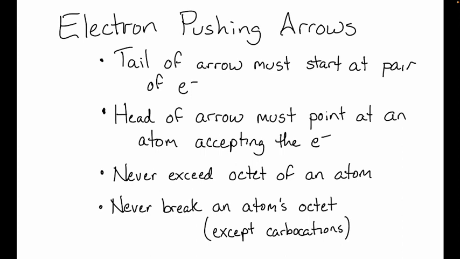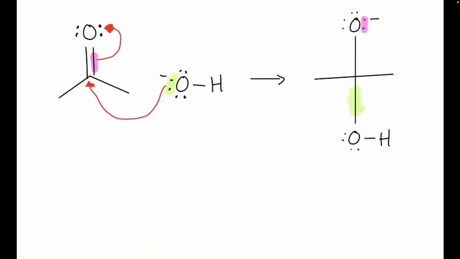Okay? The other thing that I want to note here is if we look on both sides of this reaction, what's the net charge on the left-hand side here? If I total up the charge of all my molecules here, this one is neutral, this one has a negative charge, so I have a net charge of -1. And if I look on the product side, I have that same net charge.